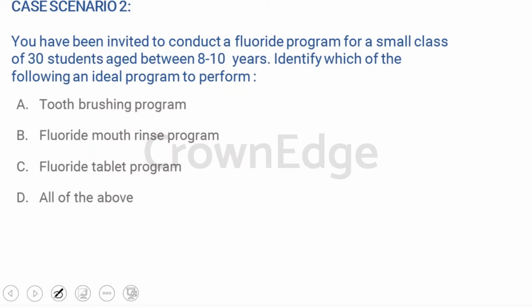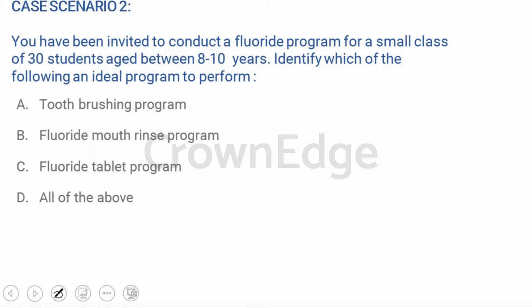Now let's look at scenario 2. The case scenario that has been presented to you here is you've been invited to conduct a fluoride program for a small class of 30 students aged between 8 to 10 years.